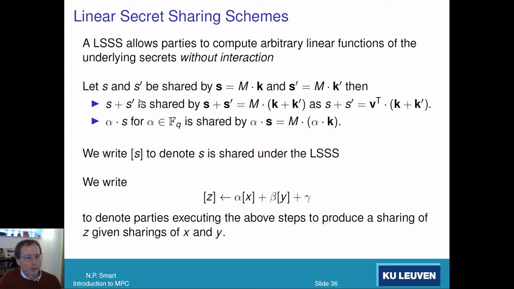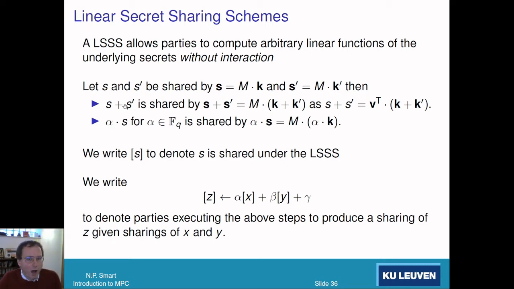So, okay, if you have two secrets which are shared by that system, because we have two vectors k and k dash, such that the dot product of the target vector times k is equal to s, and the target vector times k dash is equal to s dash, then the sharings are given by the matrix times this randomization vector.